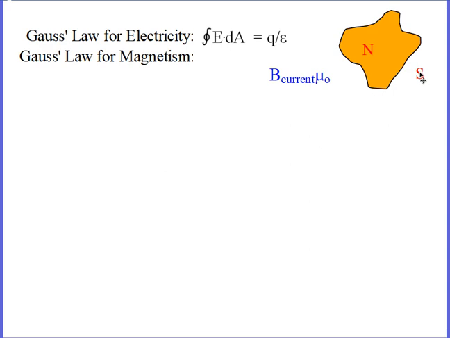But there always you get a magnetic dipole, and so the net source of magnetism contained is always going to be zero, and so it follows that Gauss's law for magnetism, if you take the magnetic field at a Gaussian surface dotted with all the area of that surface, that the source of magnetism contained is always going to be a net zero. So there you have Gauss's law for magnetism, and you'll get a chance to apply that.